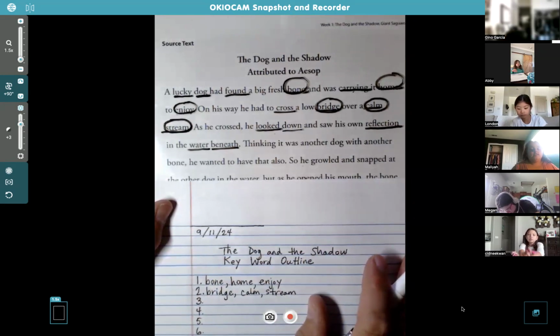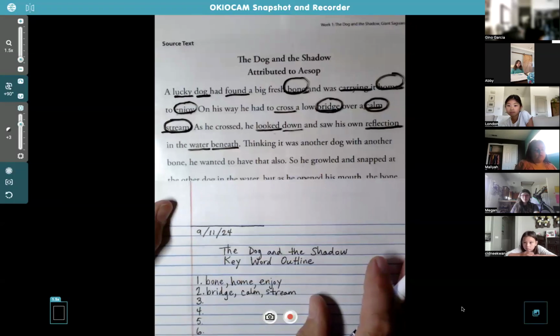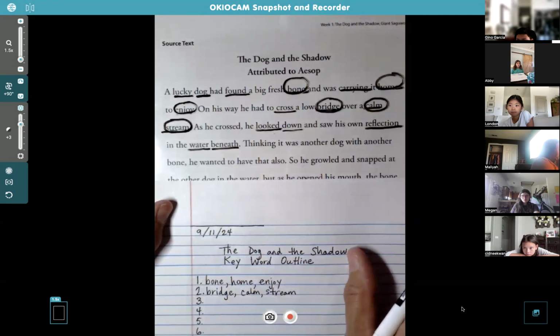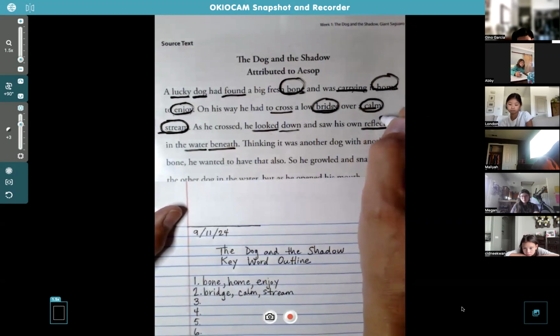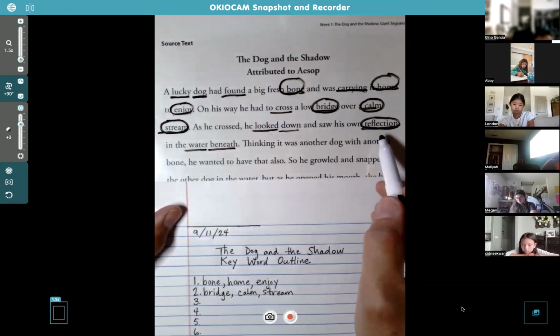I can only pick 3. So this is tricky, right? Which ones do we pick? Well, I think that word reflection is really important because that tells me he sees himself, a reflection. I'm going to for sure pick that one. So go ahead and circle reflection. It's a big word.